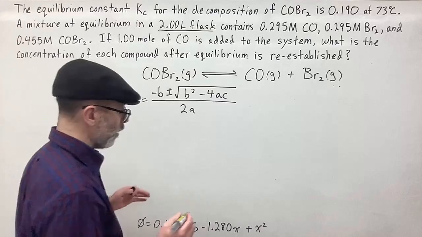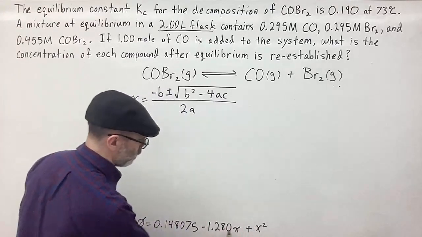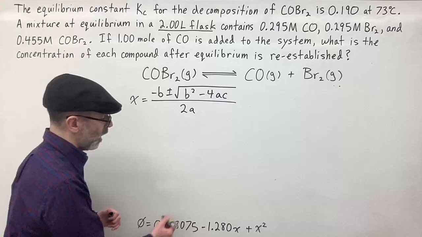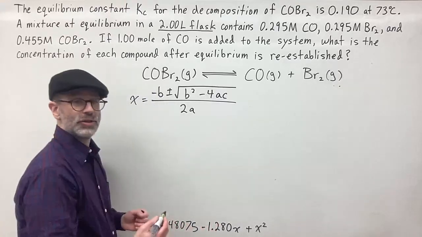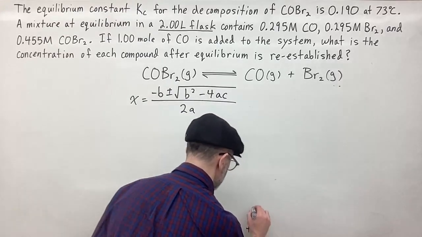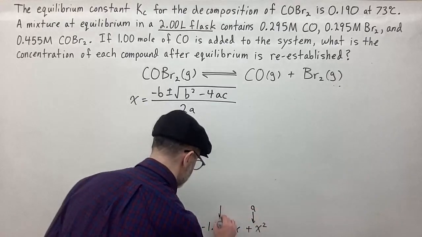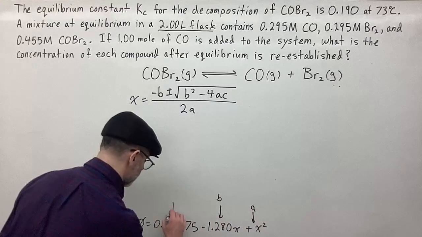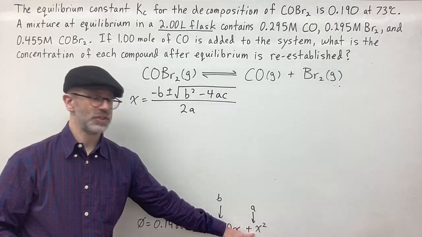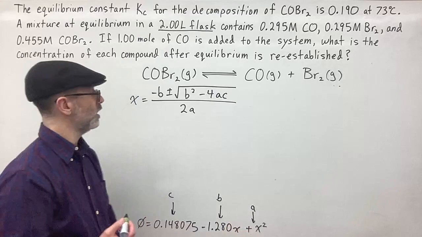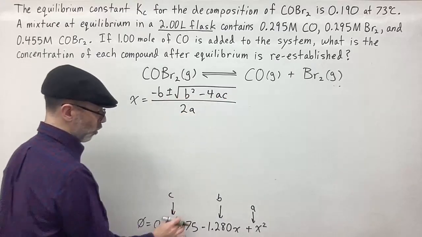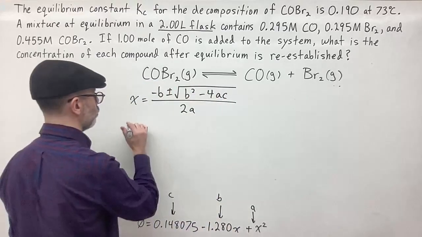What you have to remember is that the coefficients in front of your x squared, x, and the term with no x are going to be A, B, and C. The coefficient here is A, the coefficient here is B, and this is C. Since it's not written here, the coefficient in front of the x squared is a 1. So we're going to plug these values into the quadratic formula.